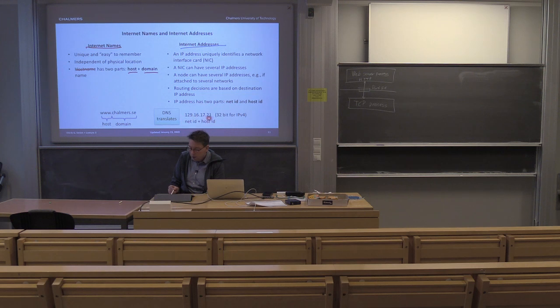And these are then numbers that go from 0 to 255. Okay, so 0 to 255 here, 0 to 255 here. So, and these are split into a net ID and a host ID, and where the border goes is flexible. So it's not like here we have a clear border between the host and the domain. Where the border goes here is unclear. It's flexible. But anyways, it's split into 2 parts, which is the important thing.